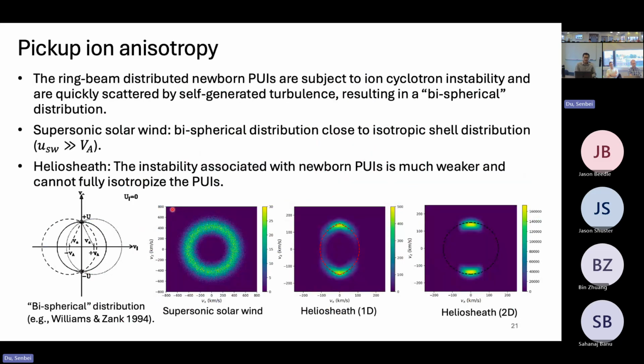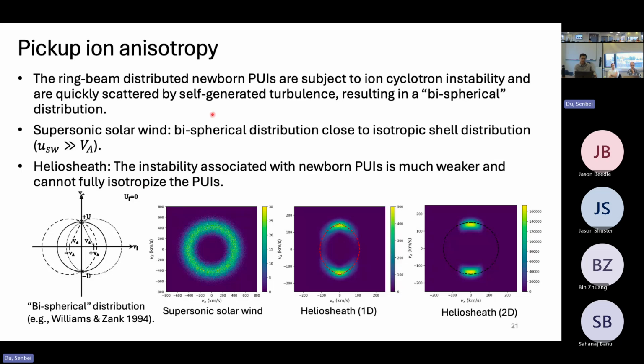And so far I've been talking about the isotropic distribution for the pickup ions, like the shell distribution, but there's another interesting thing that we find, that the pickup ions could also have anisotropy.